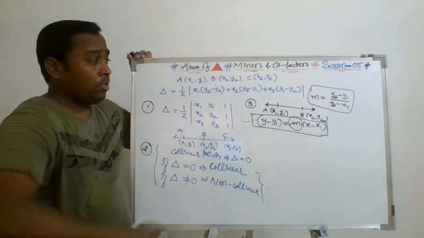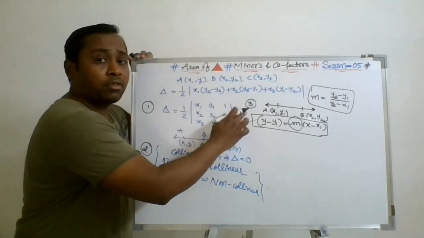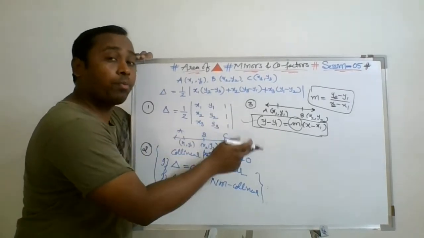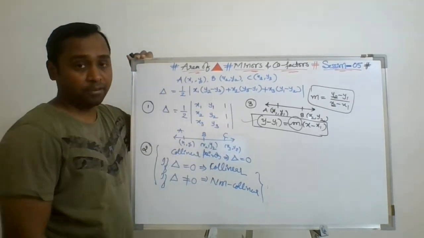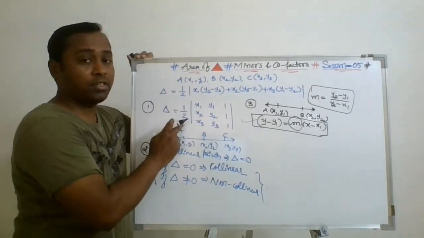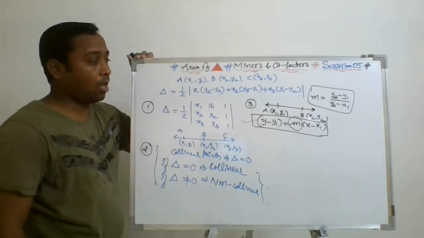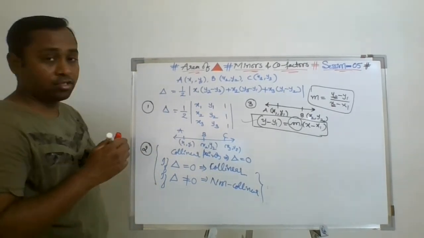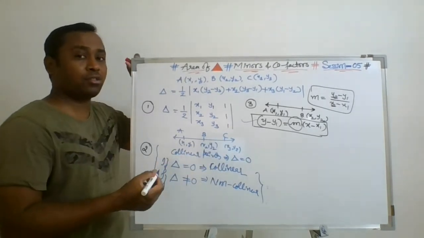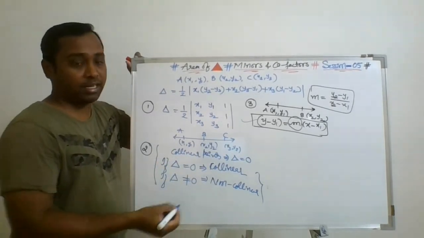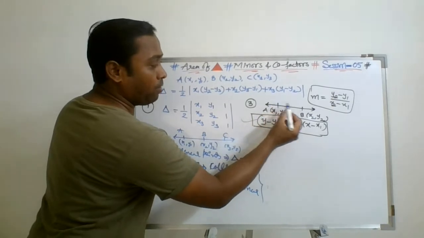Now the same concept, the same equation can also be calculated with the help of determinant or with the help of this area of triangle formula. How? Let's have the discussion over here. Now we know that a straight line consists of infinitely many points. It's a collection of infinitely many points.